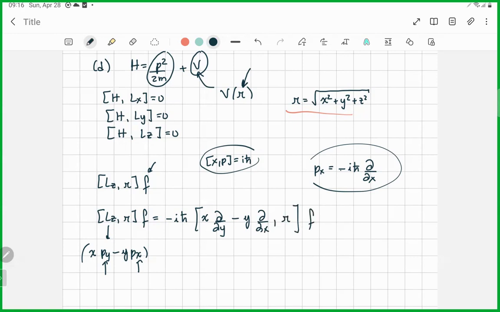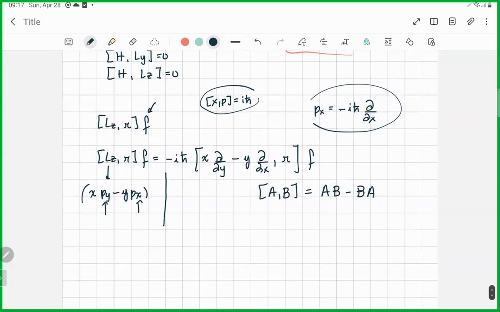All right, so now let's use the property of commutator. And what is the property of commutator? A commutator with b is ab minus ba. So this is what I'm going to use here. So now, since we have a derivative, this derivative will be applied on r and also on the function that we have.